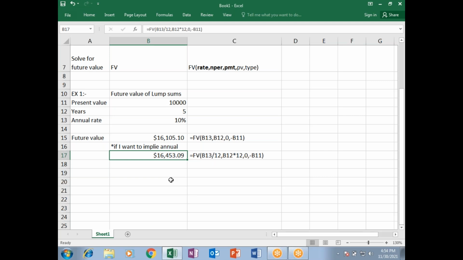Sir, it is showing a different value, sir. Can you please do it? Which one, the second one or the first one? Second one, sir. Yeah, you will get a different value. Here it is compounded. We are dividing the month and multiplying.